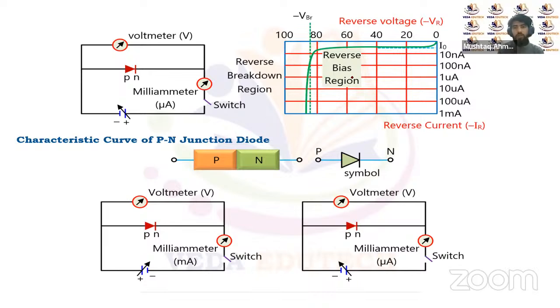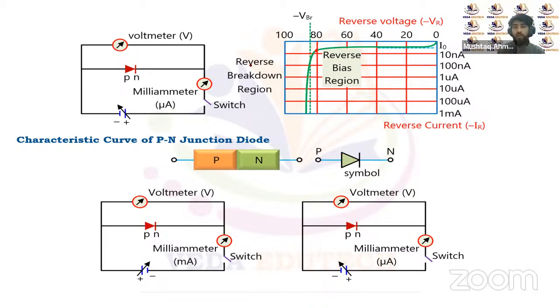These minority carriers further break the bonds, so the number density of the minority carriers increases, and the reverse current increases exponentially. That region we call the reverse breakdown region.